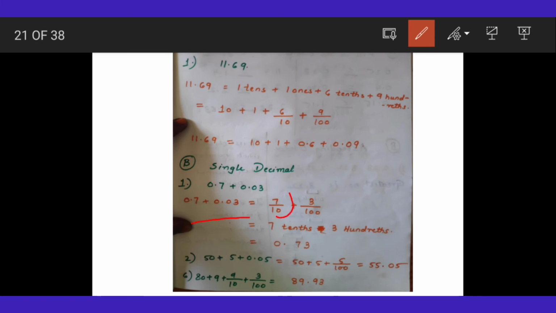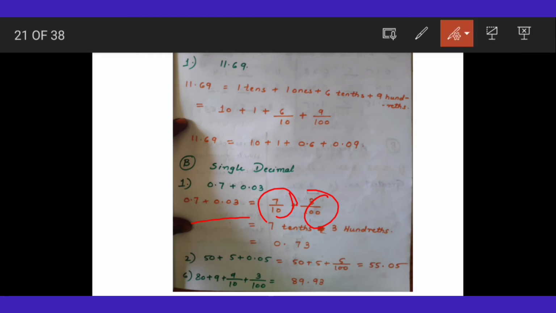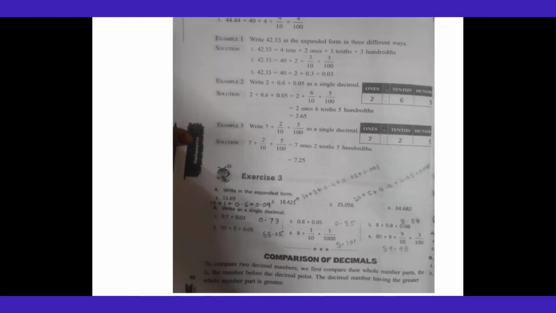It will be 7 by 10 and 3 by 100, right? So how will you write 7 tenths and 3 hundredths together? 0.73, right? So it is known as a single decimal. Okay, fine. Here it is the completely solved exercise, and you can refer to it for completing your notebooks and cross checking your answers. Okay.